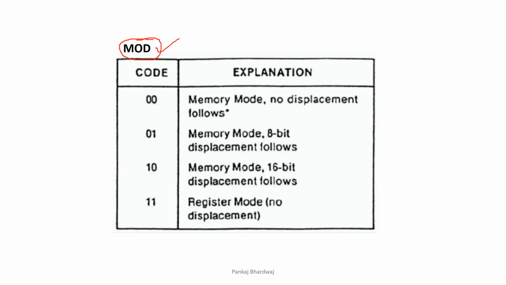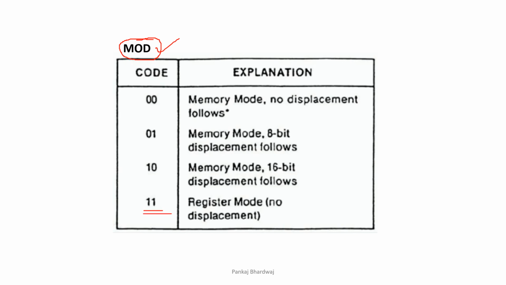The first field is MOD. MOD basically defines whether the operation is related to memory or related to a register. If we have a register operation only, that means the MOD bits are always 1 1.